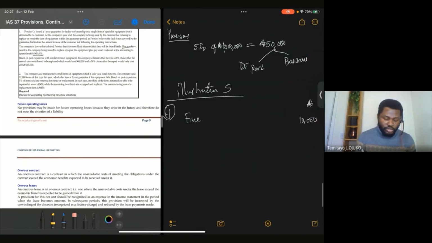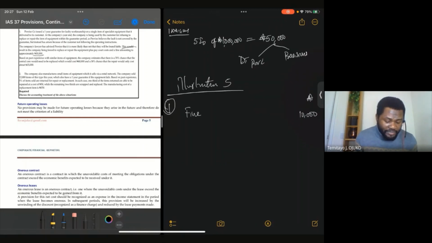Then two. They now said there's a 70% probability that the central core will need to be replaced, which will cost 40,000, and a 30% chance that the repair would only cost about 15,000 naira.